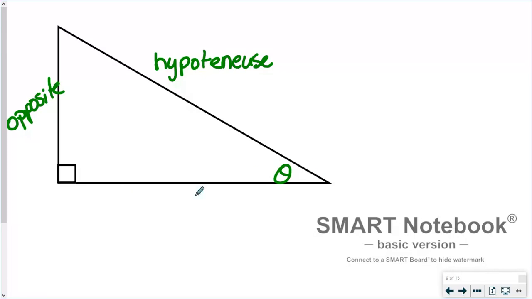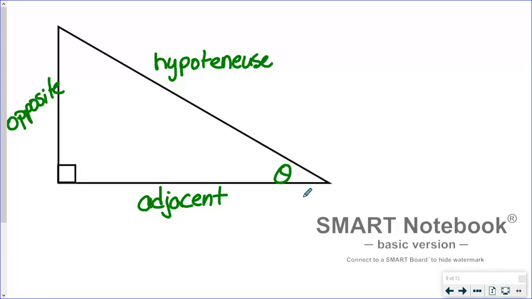Who remembers what the side directly next to this angle would be called? Adjacent. Yay, somebody got one. I'm so proud. Adjacent literally means right next to, so it's right next to the angle.